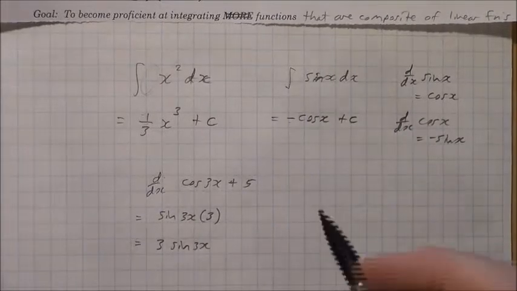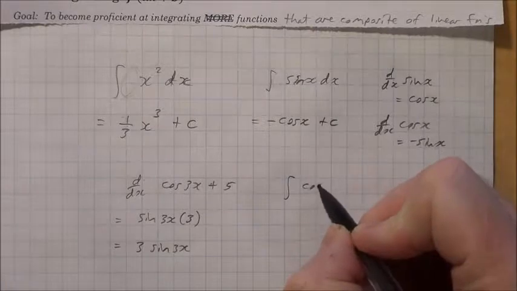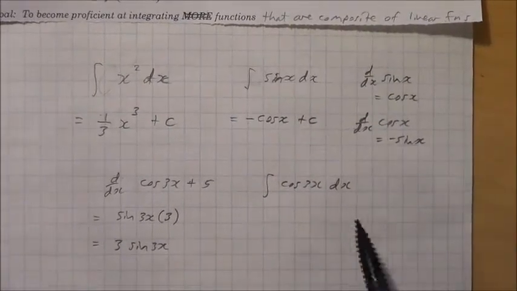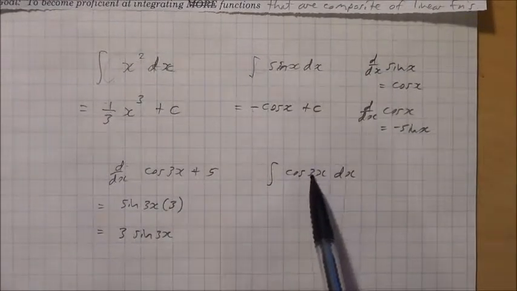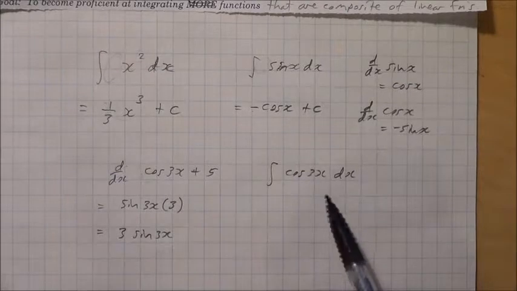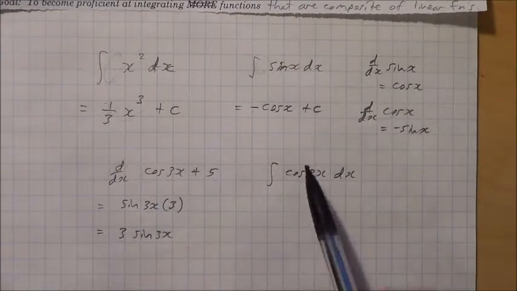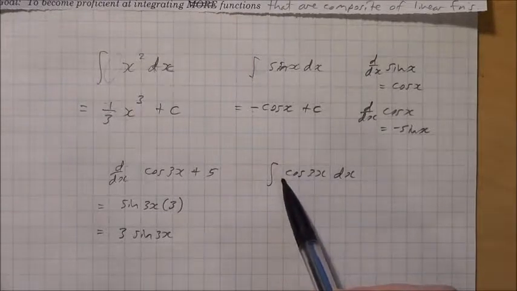Okay, so if I'm now to take the integral of cosine 3x dx, then I know by differentiating it, we're going to be bringing that 3 to the front like I did here. But when you integrate this, I see that I've got a 1 as the coefficient.